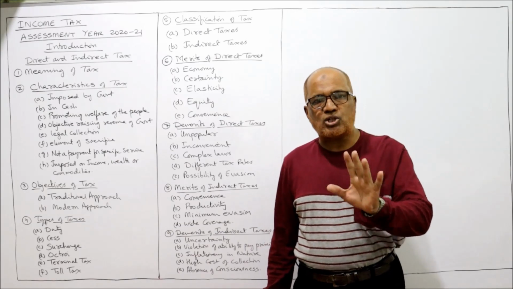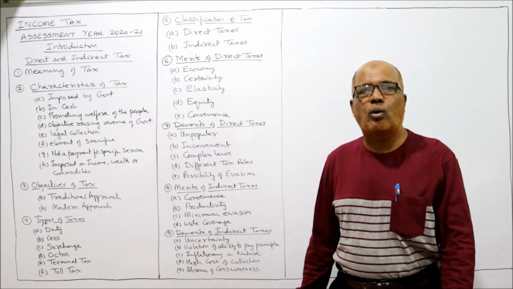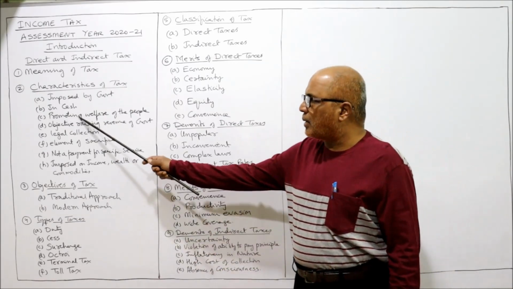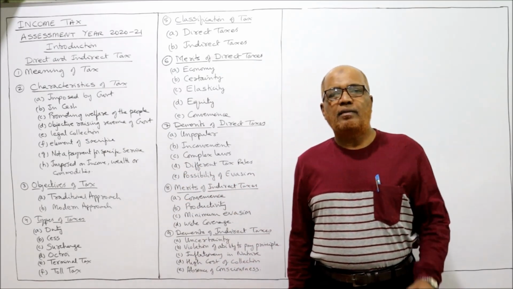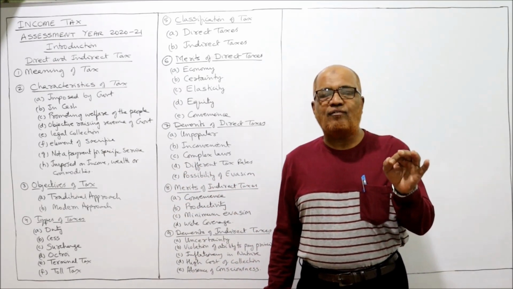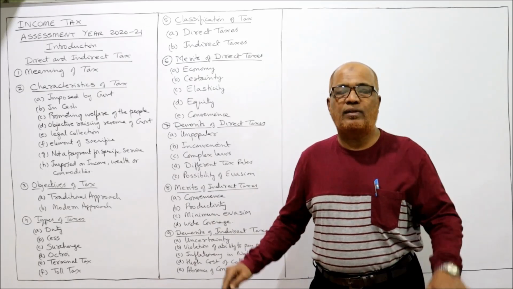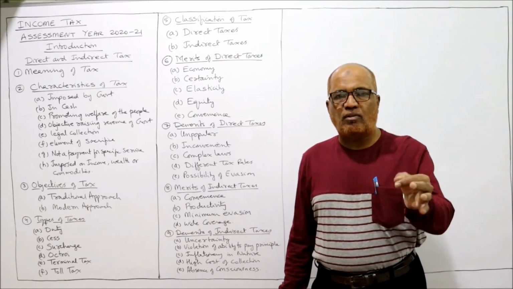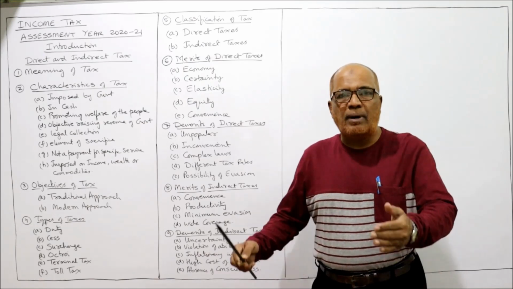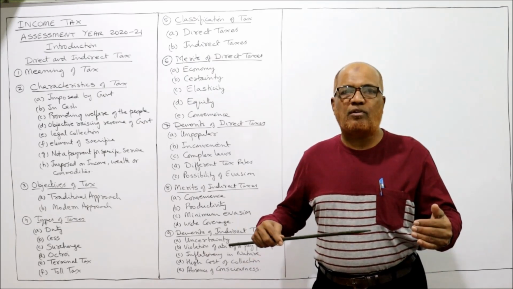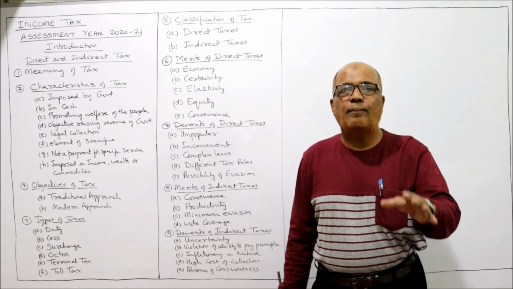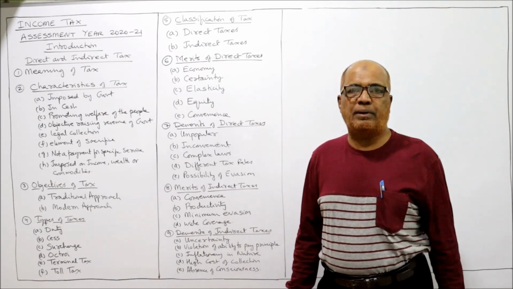Next, promoting welfare of the people. The main objective of imposing the tax is the common welfare of the people. The money collected by the government in the form of taxes will be spent on promoting the welfare of the people.